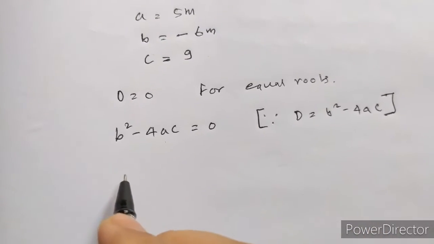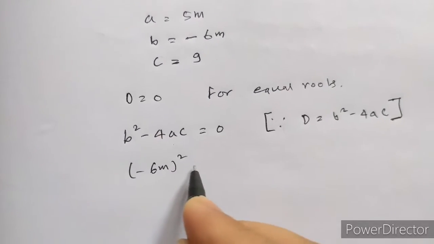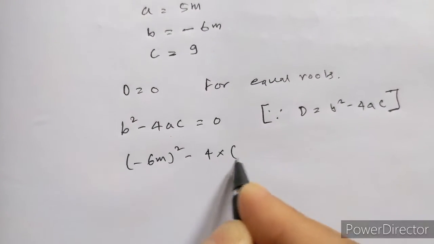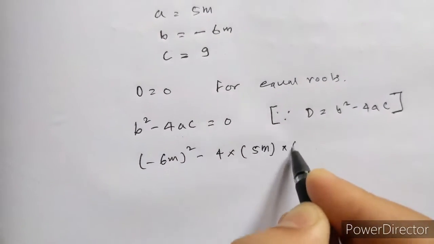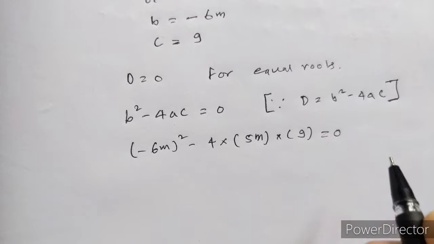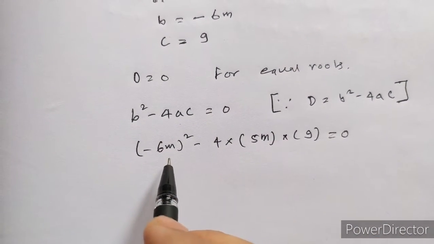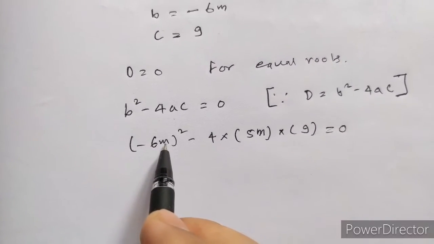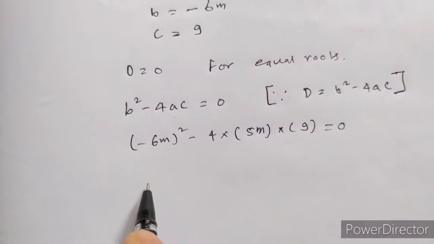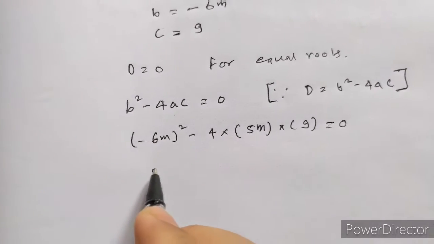So put the value of b. b means minus 6m whole square, minus 4 into a, which is 5m, and c is 9, is equal to 0. The square of minus 6m: the square of minus is minus into minus, plus. The square of 6 will be 36.